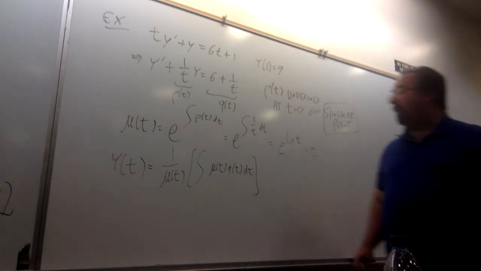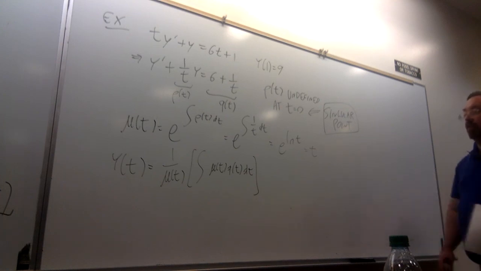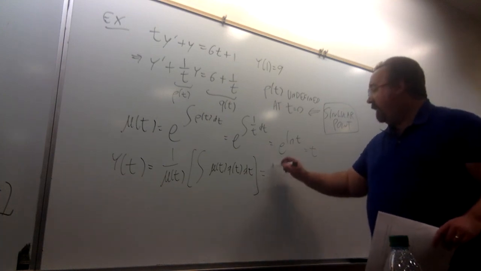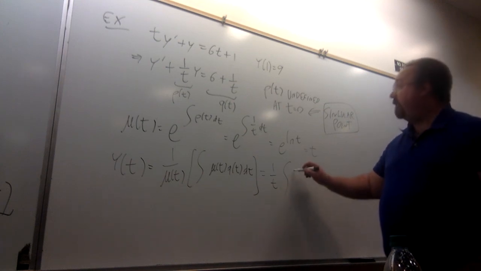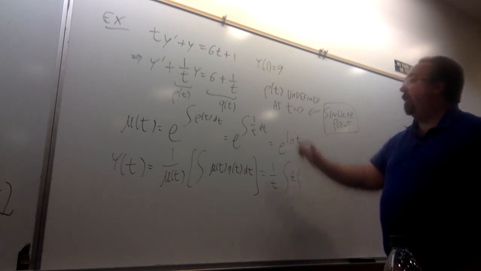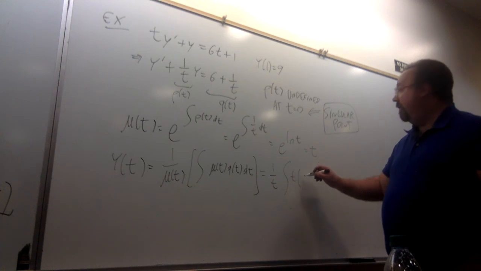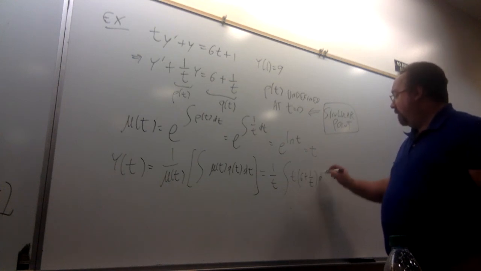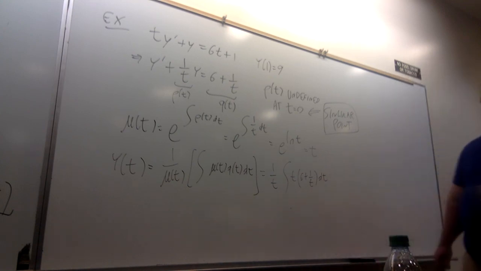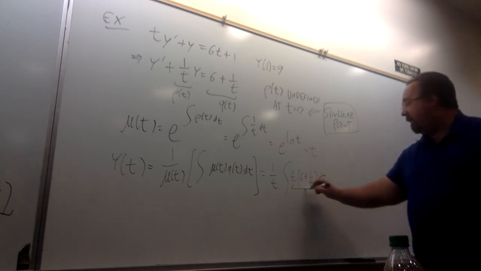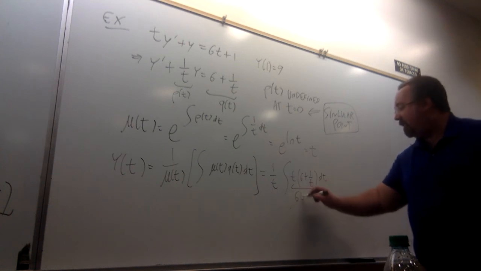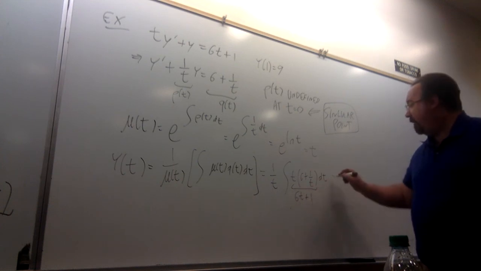All right, so we filled in our pieces. So mu is t. Then I have t times q, which is 6 plus 1 over t. But at least this is going to simplify. So it's going to be 6t plus 1.